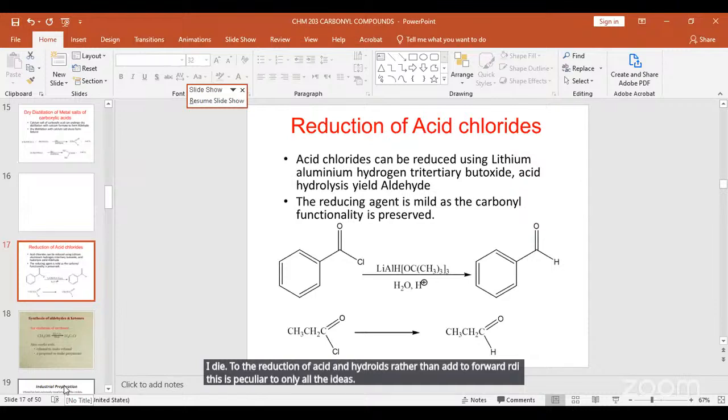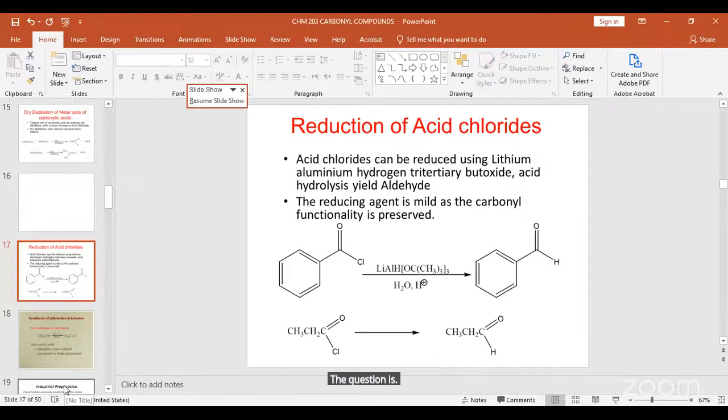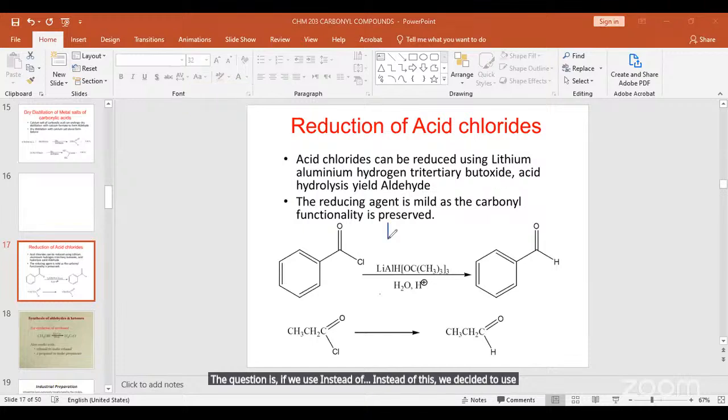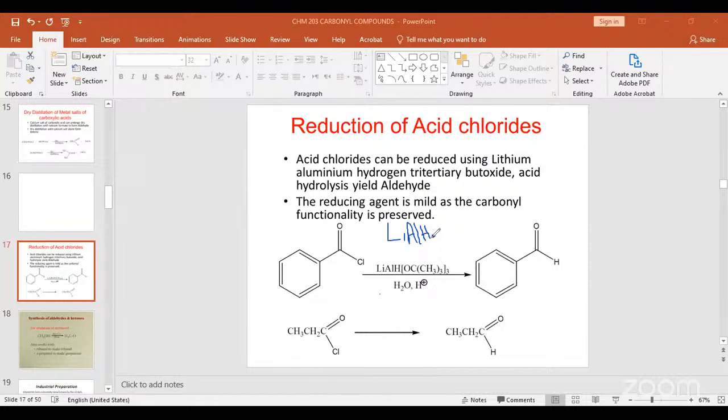Now the question is, if we decide to use lithium aluminum hydride instead of this, what will our product be? If this is used, what will be the product here?